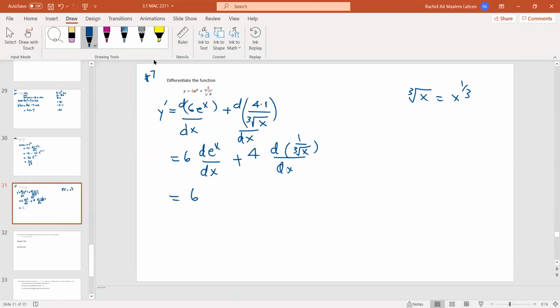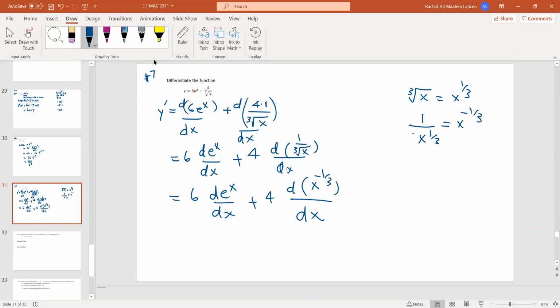So it is at the bottom, so it's going to be negative 1/3 to go up. If you do this, then it becomes this.